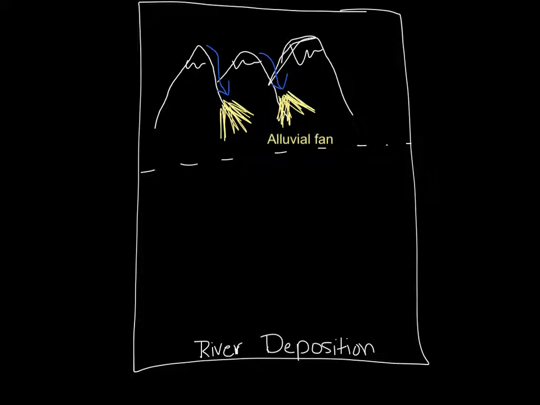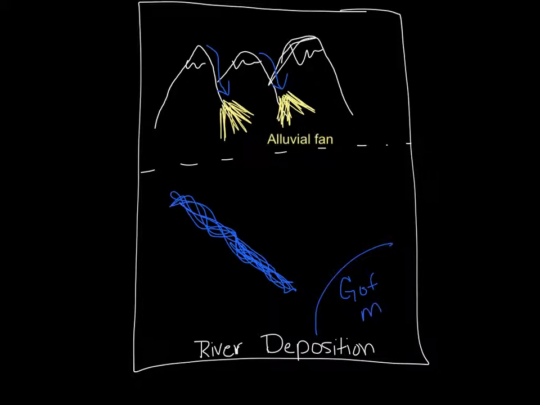Now, if you look at the Mississippi River, we know that that carries a large abundance of sediment. And it's flowing down from north to south, down the United States. But when it hits the Gulf of Mexico, it slows down.